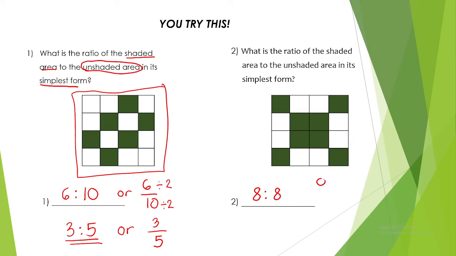In fraction form, that's 8 over 8, which will give us how much? 1. So meaning, the ratio is 1 is to 1, or simply 1, or 1 over 1. Okay? So that is how you write ratios, and how you simplify them.